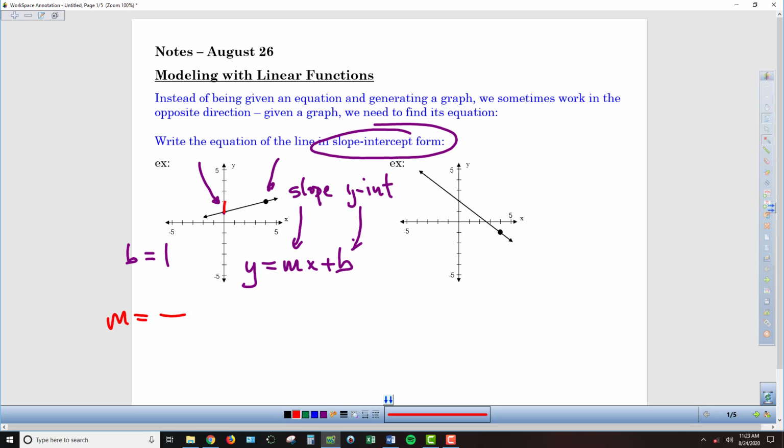So our rise in this case is 1. And then our horizontal movement, if we count that along the x-axis, 1, 2, 3, 4, is a run of 4. So that's our slope. We have a rise of 1, a run of 4, so we can write our equation as y equals, just slotting those numbers in, 1/4 x plus 1.